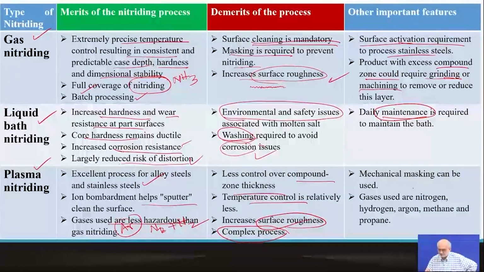But in case of plasma nitriding, some amount of masking may be required, but other than that, we are using basically nitrogen, hydrogen, argon, or methane, and so on. So these are all very non-harmful gases, and you have better nitride layer formation and a higher thickness layer formation.